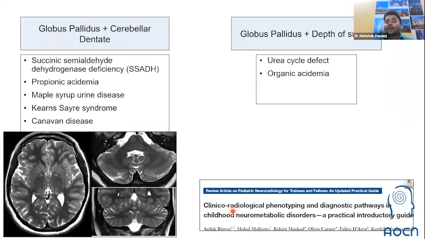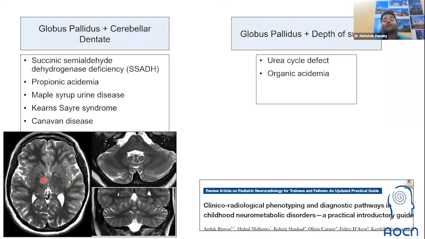Now, when the globus pallidus is involved along with the cerebellar dentate, apart from the diagnoses which we have already discussed, succinic semialdehyde dehydrogenase deficiency will be added. In succinic semialdehyde dehydrogenase deficiency, it has been reported that there will be involvement of the pallidal-dentate tract.